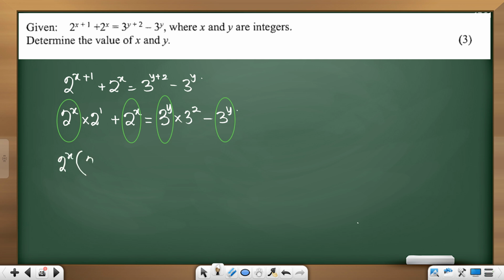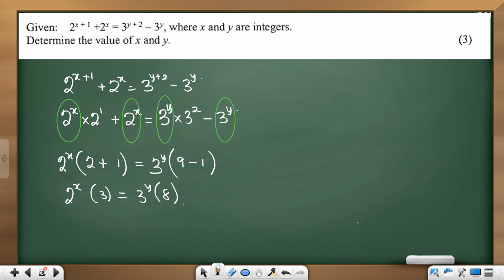What do we have left? 2 plus 1. You let me know. Okay, right now I can see what you are saying. And 9 minus 1. So 2^x multiplied by 3 equals 3^y times 8. But I'm looking for x and y.